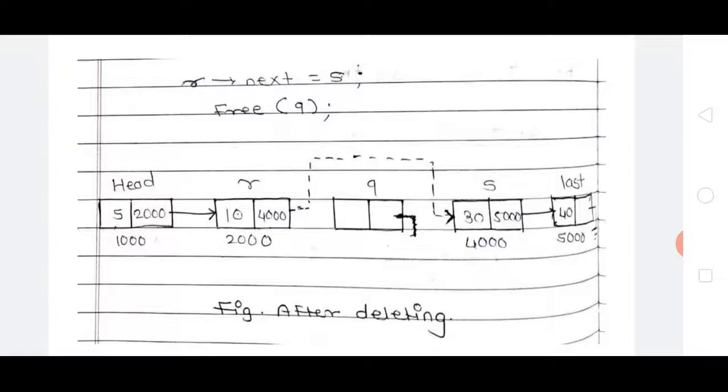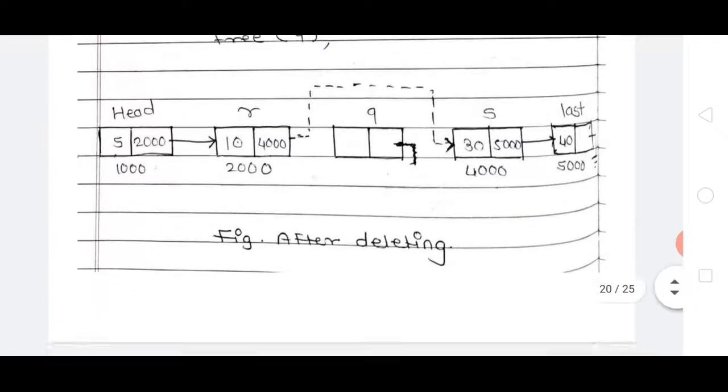Means that r is the pointer pointed to next, which contains the address of pointer variable s. By using this statement, the second node and the third and fourth node are directly connected with each other. And the second statement is the free statement, free in brackets q. Means that q is a pointer pointed to the middle element which will be removed in the list.